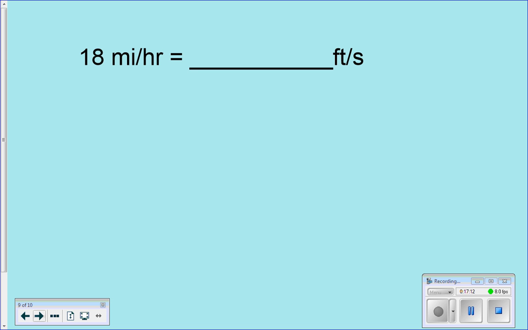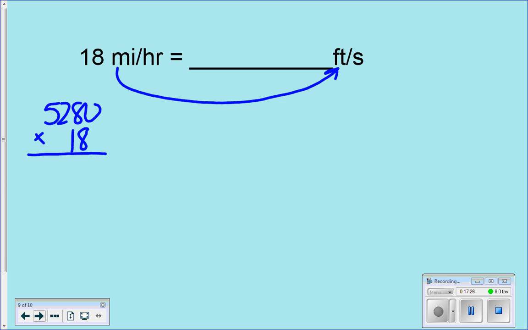All right, so 18 miles an hour, and I'm going to change it to feet per second. So first thing I'm going to do, I'm going to change this miles to feet. 3,600, yep, if you want to do it that way.